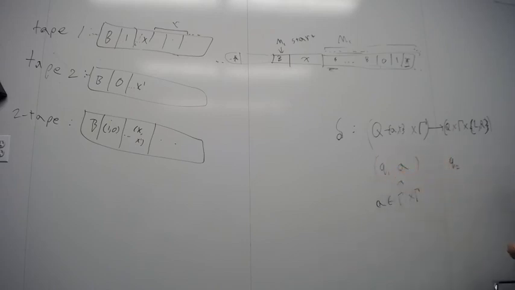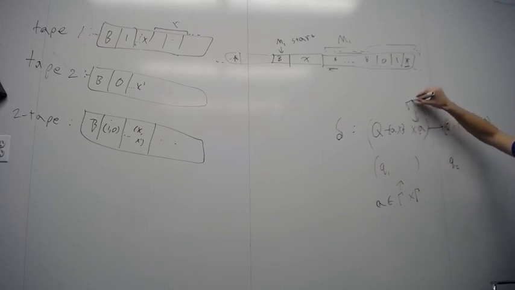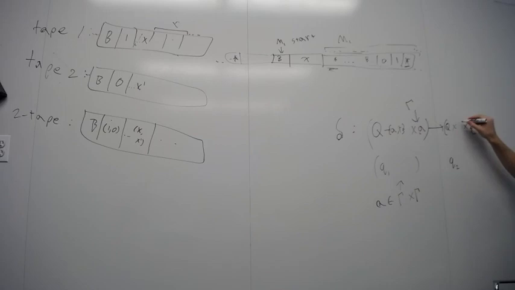And now what we want it to output is, well, let's say we define it on an element A here in gamma, and we write an element A prime here, also in gamma.